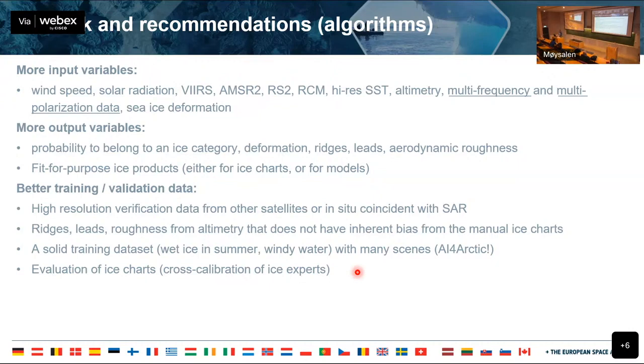So do you mean that detected ridges can be used to characterize ice, like a stage of development of ice? Oh, yeah. Yep. Because it's definitely useful to derive roughness per se, like aerodynamic roughness, because that's what the models need.